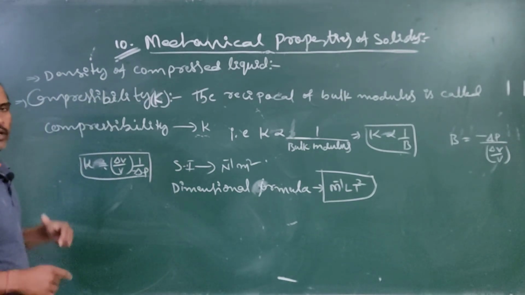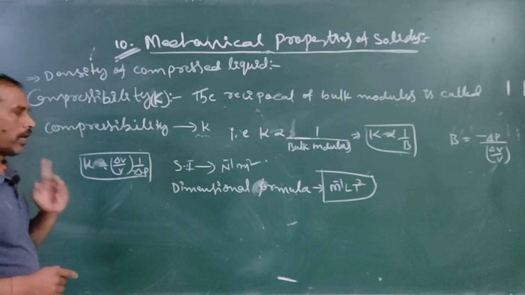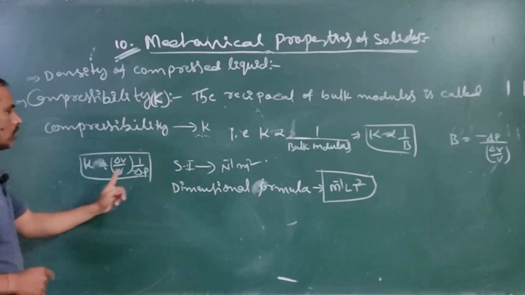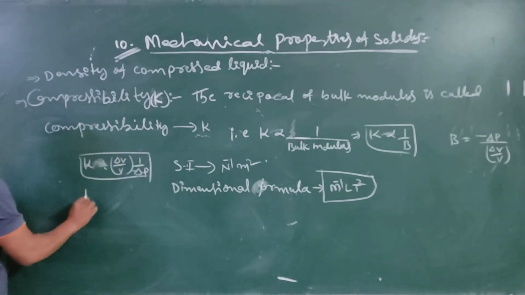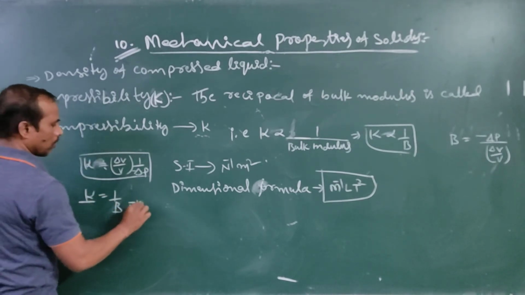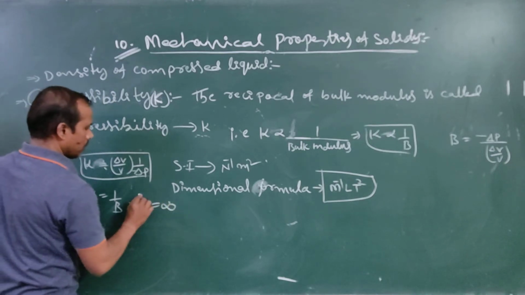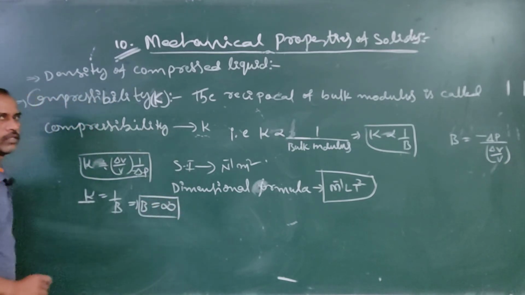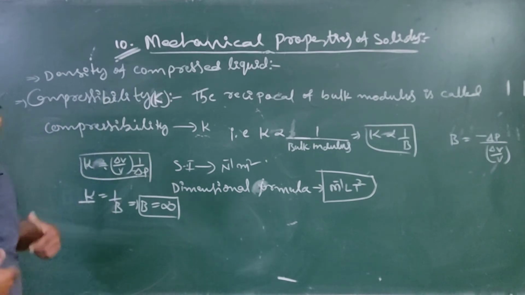Since K is equal to 1 by B, K equal to 0 means B is equal to infinite. This is the compressibility of fluids.